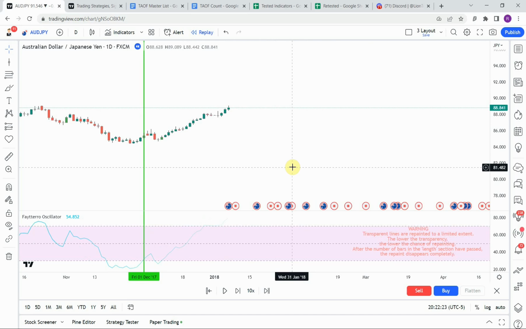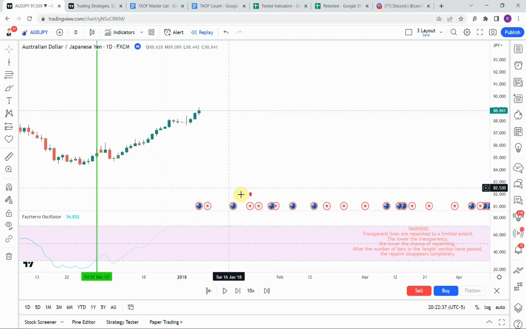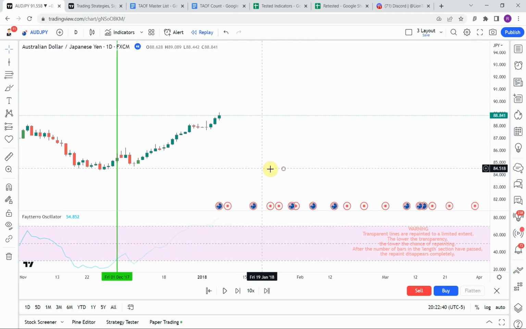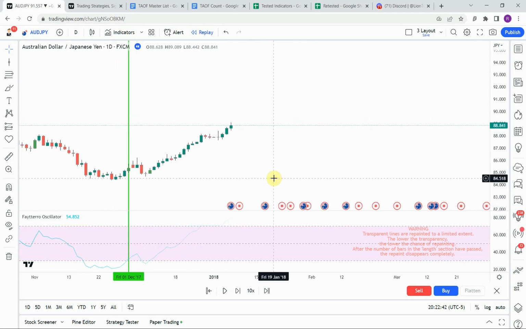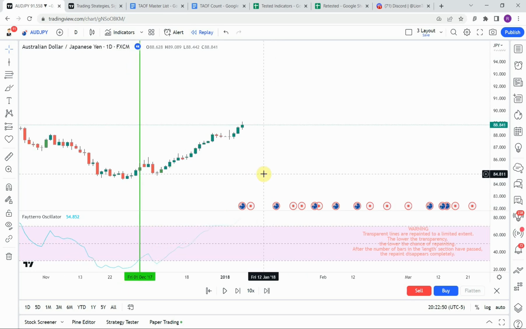I know that they have become quite a controversial topic that people tend to look at in a very negative way. But I don't believe that it is such a concern anymore with modern technology. I think there's no reason to really worry about the repainting indicator issue like we had in the past. If you're interested in that, go ahead and take a look at my video on the repainting indicators and listen to my explanation as to why it's not a big deal.